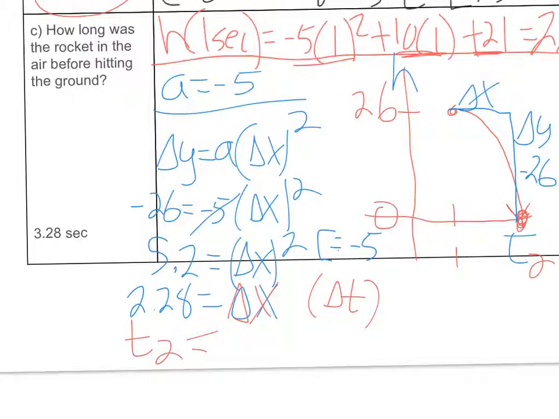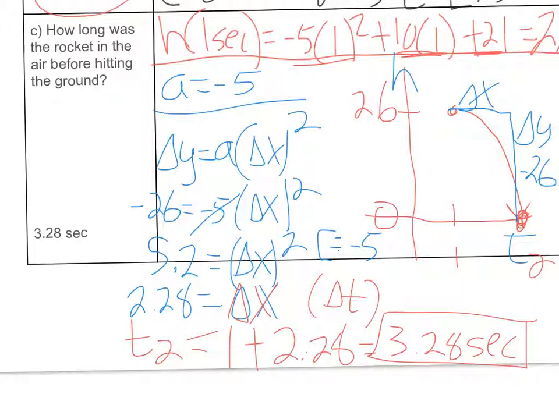So t2 is going to equal 1, because that's the t value of the vertex, plus delta x, which is 2.28. So that equals 3.28 seconds. Okay, so we've worked through that. We found the vertex and the x-intercept. So that's how you do that, folks.